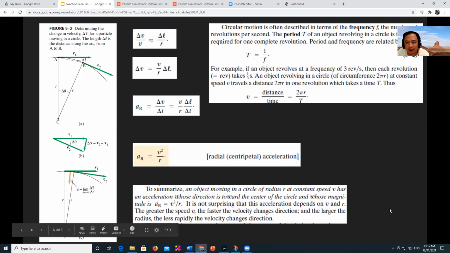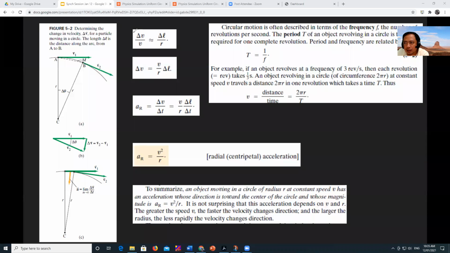Yes, sir. Okay. So figure 5-2, determining the change in velocity. Let me use the annotation tool. Here we have point A, where we start. The object has moved to point B. Take note of the green arrows.